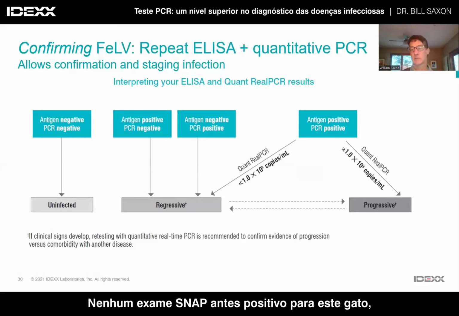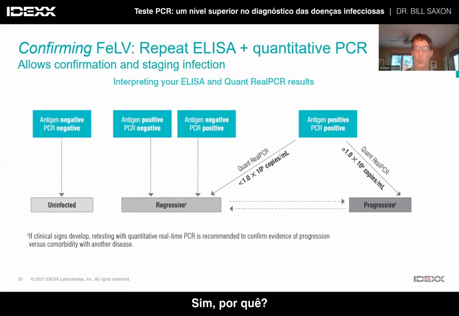No previously positive SNAP test for this cat, lives indoors, no other cats, no other problems, and then it gets sick. Should you repeat the FeLV test on that cat? Yes. Why? Because maybe the cat being sick has affected the immune system, and now the cat is no longer able to control that infection at the DNA regressive level, and that cat's reverted to a progressively infected cat.